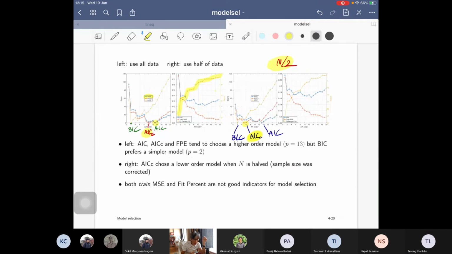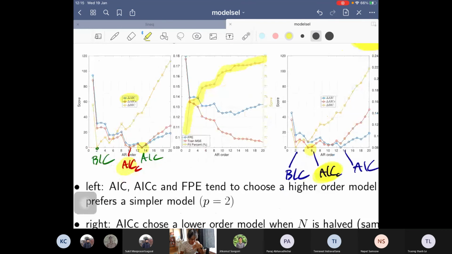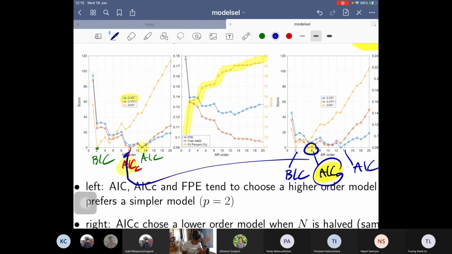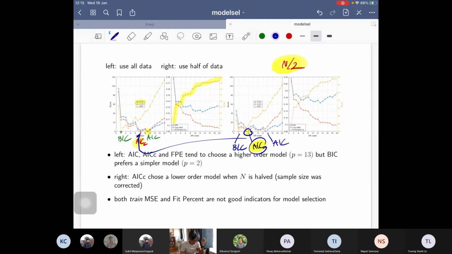The formula is corrected in the sense that it takes into account the small sample scenario, so the results of the chosen model will be different. In this example, we see that when the samples are fewer, AICc will pick a lower order in comparison to the case where there is more data.